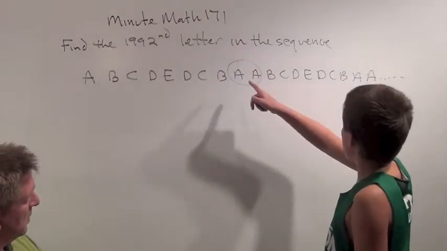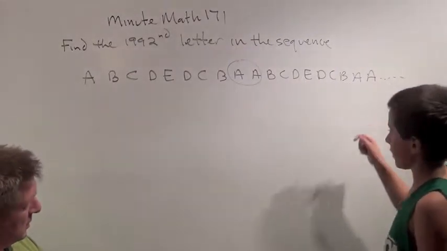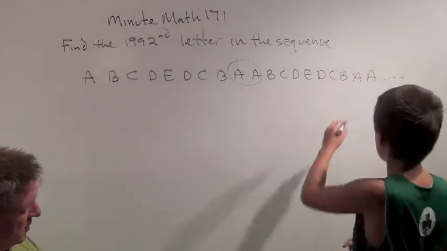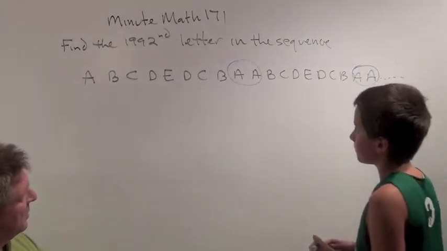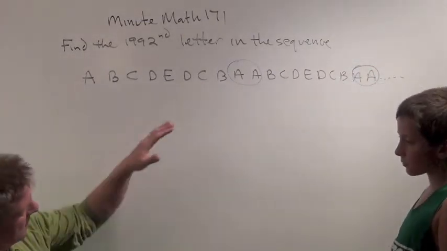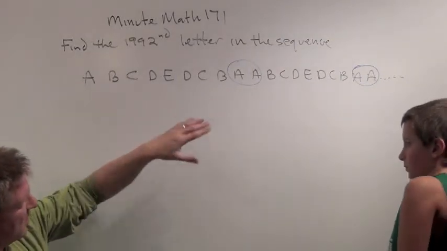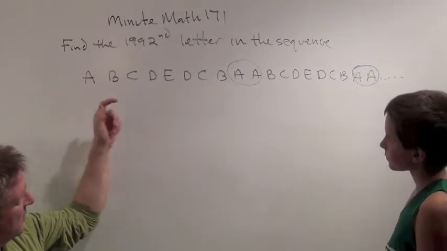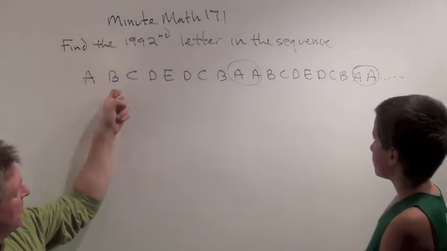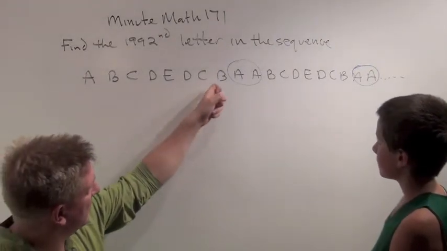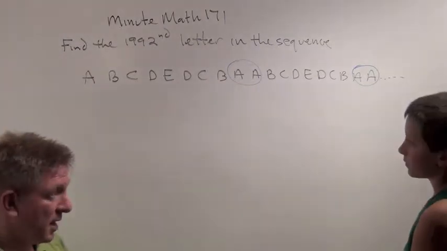We get 2 A's, 7 more letters, 2 more A's. Circle those other 2 A's over there. That's an interesting pattern. The first 2 A's happen starting at position number 9, right?